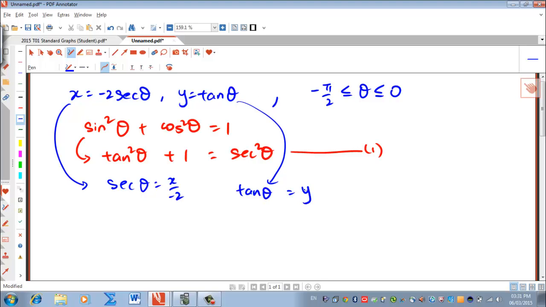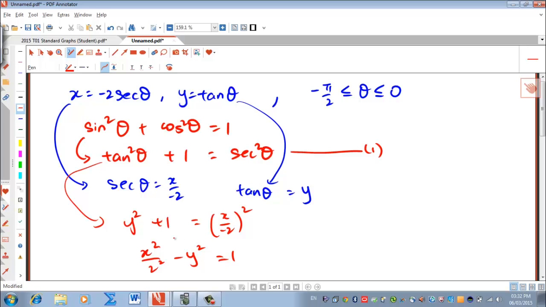So when we substitute secant theta and tangent theta into our identity, we find that we have y squared plus 1 equals x over negative 2 squared. So x squared over 2 squared minus y squared equals 1.